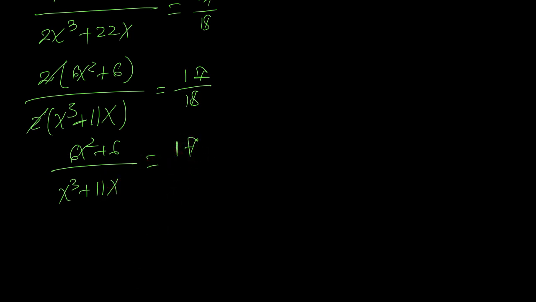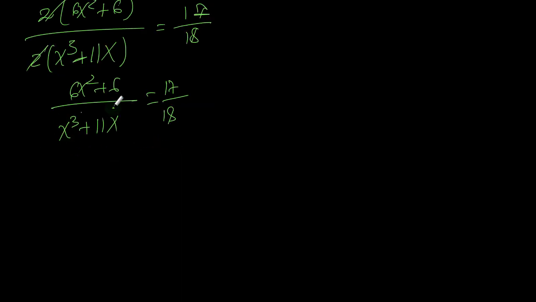So now let's do cross multiplication here. We have 18 multiplied by 6x squared plus 6 equals 17 multiplied by x to the 3 plus 11x.